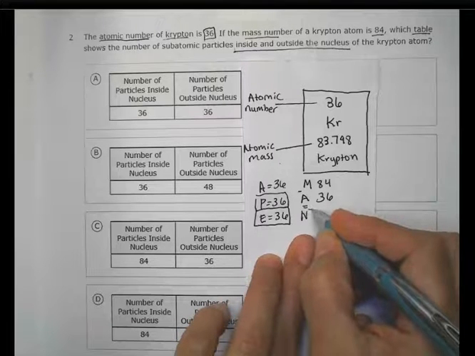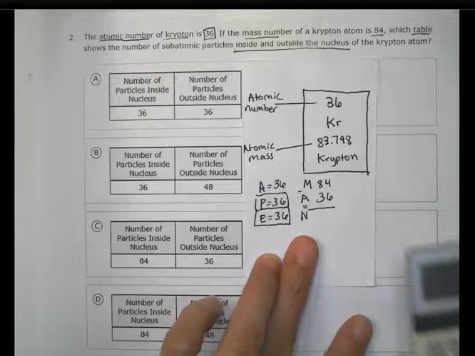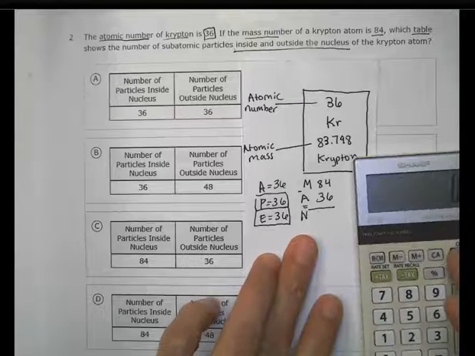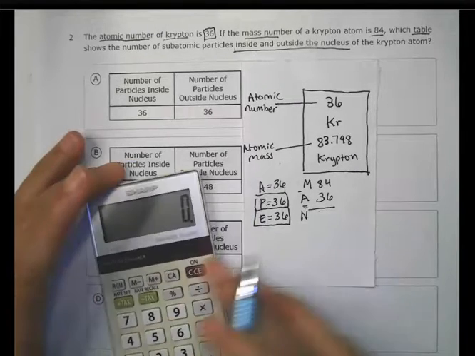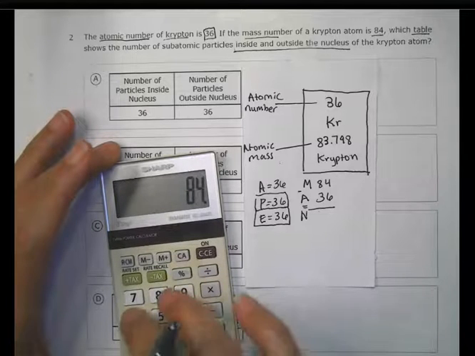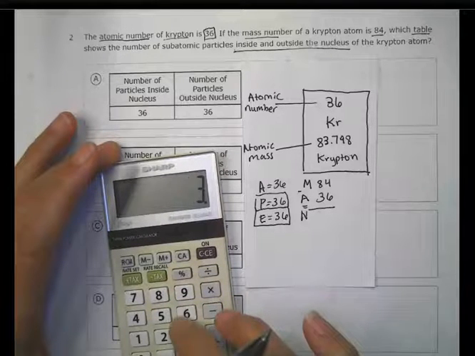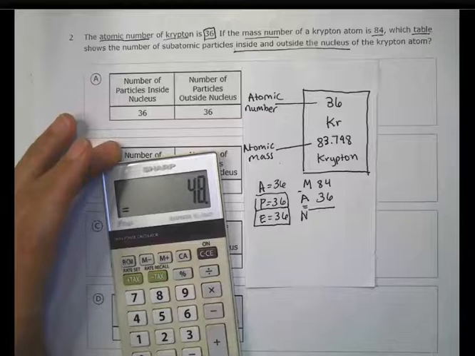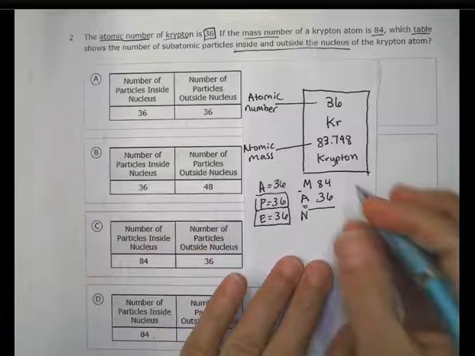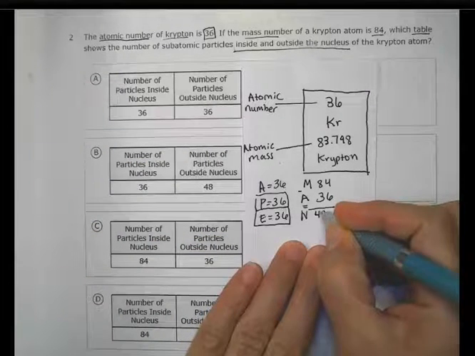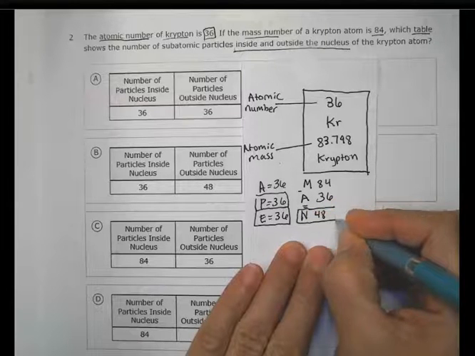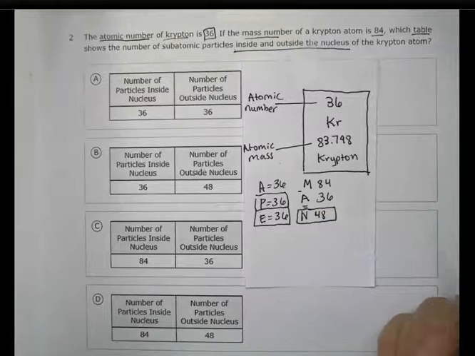So I'm going to get my calculator, and I'm going to put right here, 84 minus 36 equals 48. So then my number of neutrons is 48. There we go. Now I have my different subatomic particles.